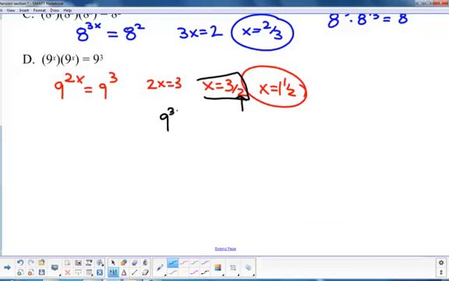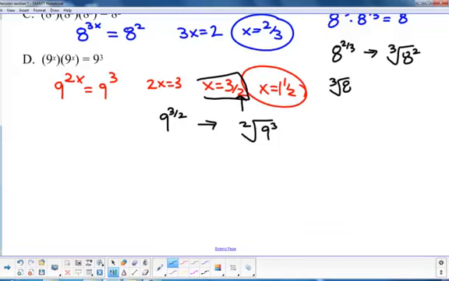So 9 to the 3/2 really means the square root of 9 cubed. 8 to the 2/3 really means the cube root of 8 squared. And if you have a cube root and multiply it by itself 3 times, it'll be gone. So that's why this equals 8 squared.